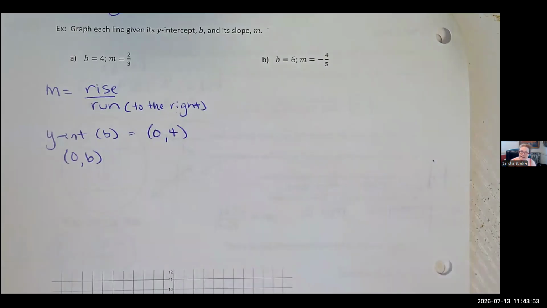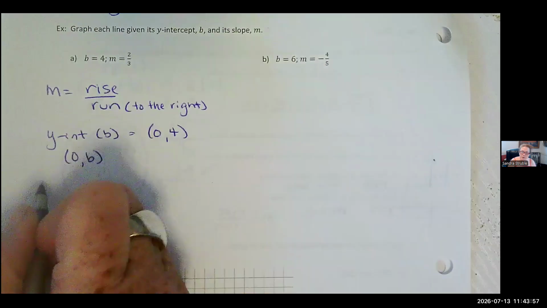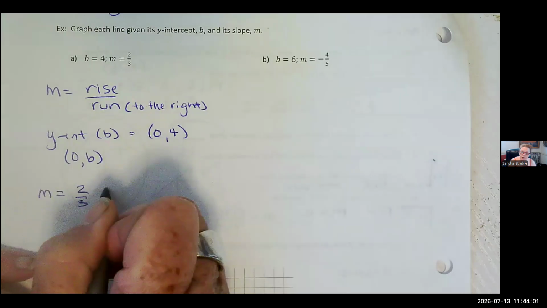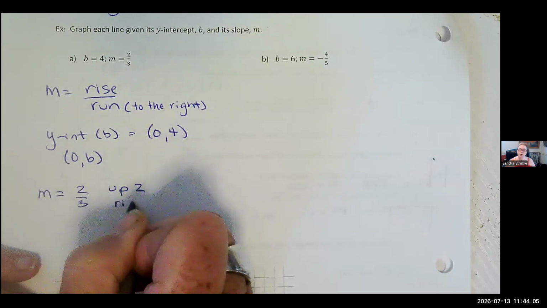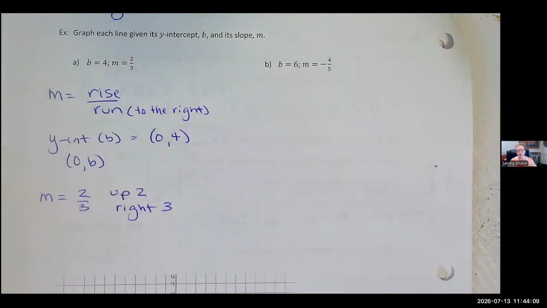Our slope for this is 2/3, which means we're going to go up 2, and we're going to go to the right 3, because you always want to run to the right. If you're consistent in knowing that your slope is going to go up if it's positive, down if it's negative for the numerator, then you can always run to the right for your denominator.